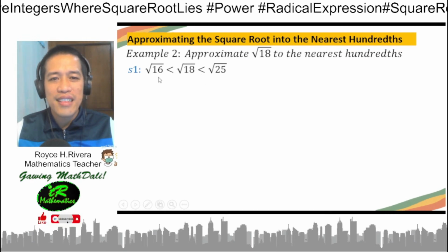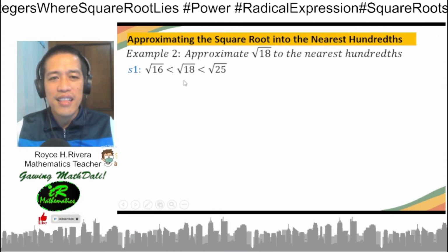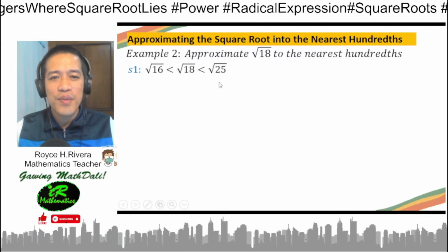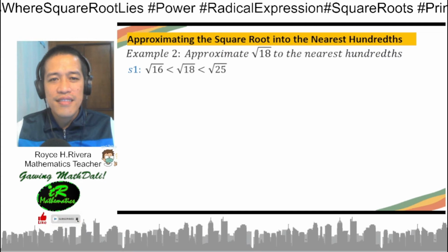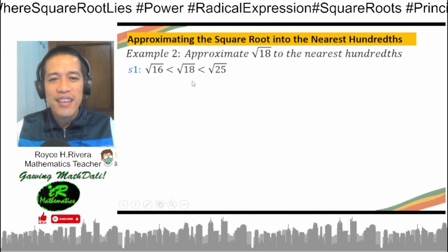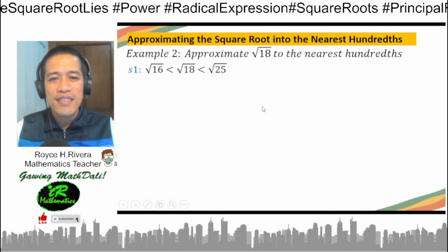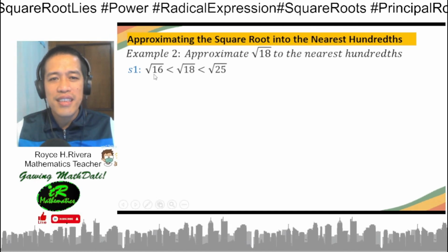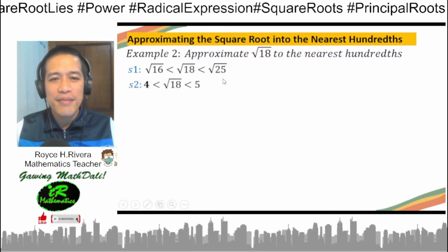So we write the square root of 16 less than the square root of 18 less than the square root of 25. Step 2, extract the principal root of the two perfect squares. Square root of 16 is 4, square root of 25 is 5.